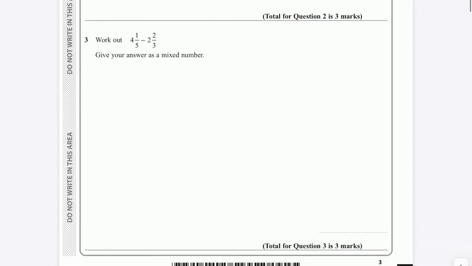So question 3, we're just subtracting 2 fractions and it wants us to give the answer as a mixed number. So this becomes 21 over 5 minus 8 over 3.